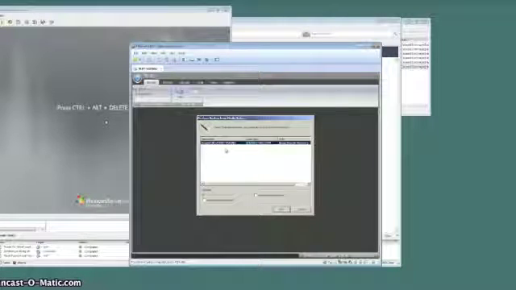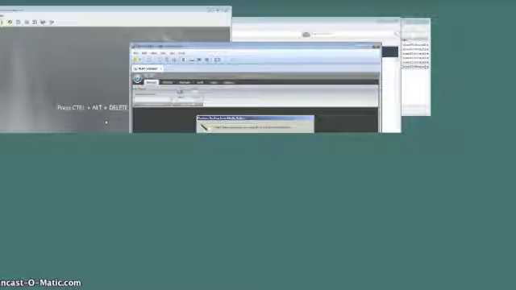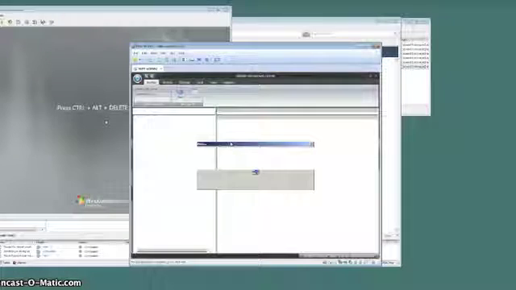The network share information. Since I only have the one backup there, it only shows me the one. But if I had multiple, I could pick from earlier dates.